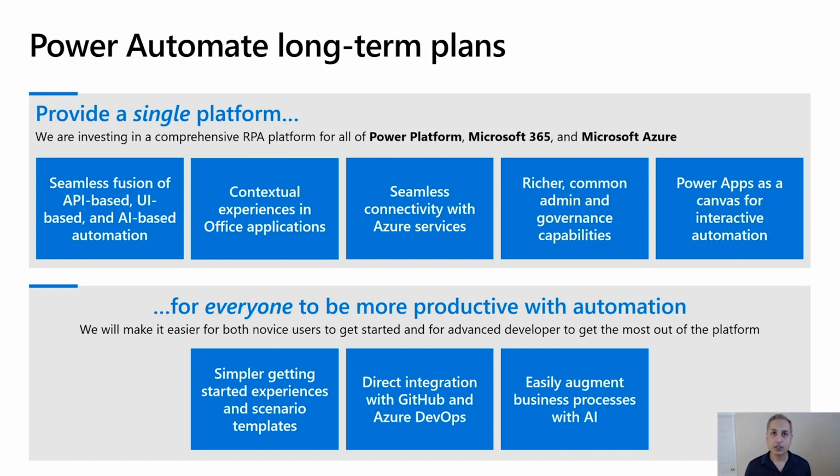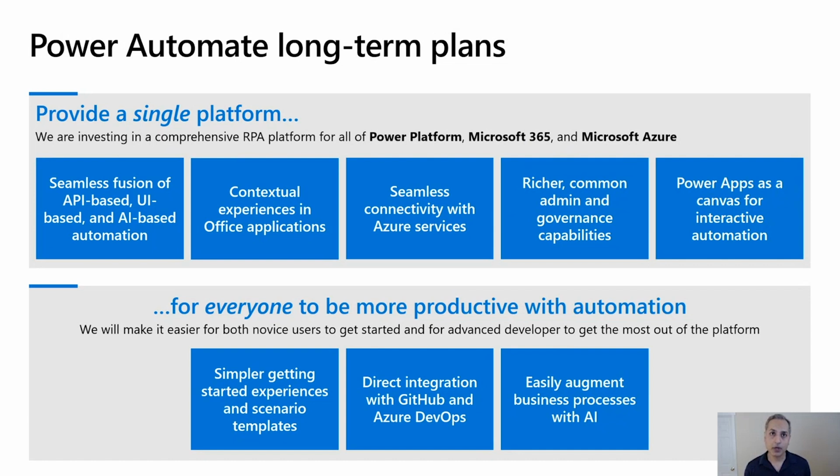The second is contextual experiences in Office applications. If you're using SharePoint, Excel, or OneDrive today, you're used to having an experience of Power Automate directly embedded within those experiences. Well, we're taking that to the next level with integration into Teams and SharePoint.